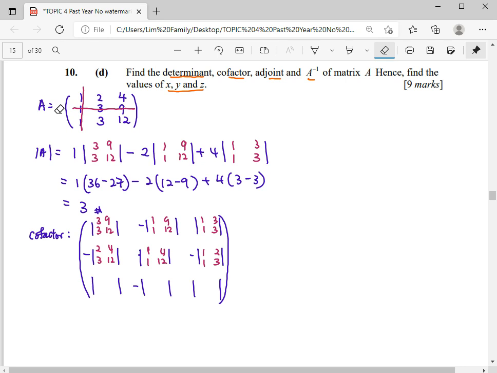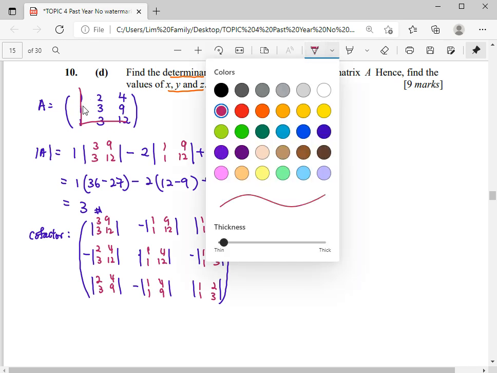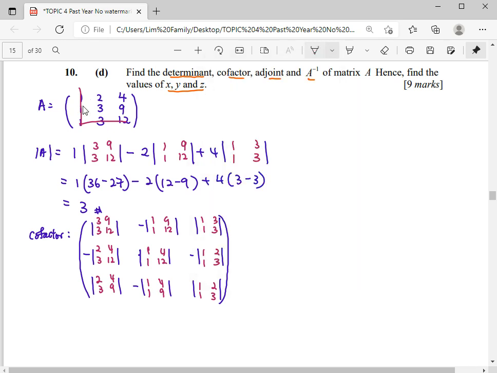Again for row 3, column 1, it will be 2, 4, 3, 9. Copy and paste, and the verticals are still 1, 1. So straight away we can do our multiplication and show our answer here.